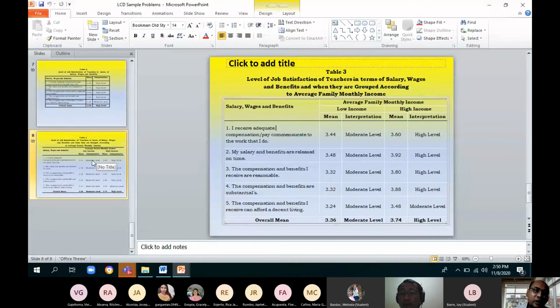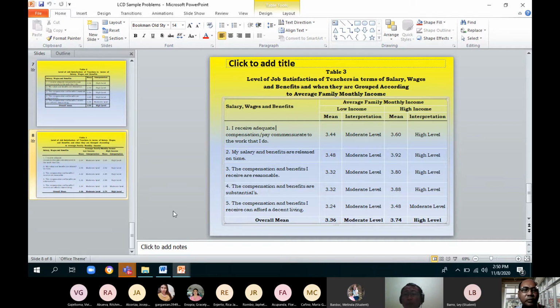Now, paano i-discuss, i-interpret ang table? Again, take note for the format. First, present this table. After some table presentation, now proceed to your discussion.